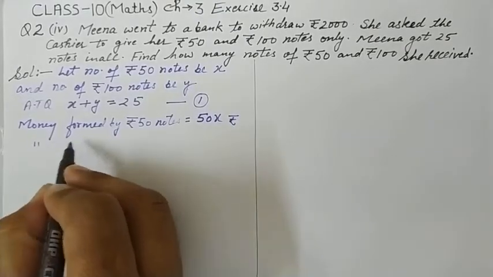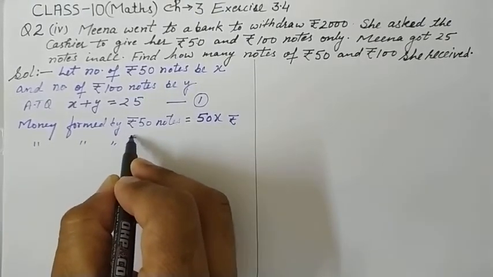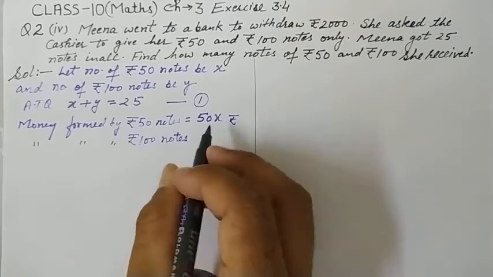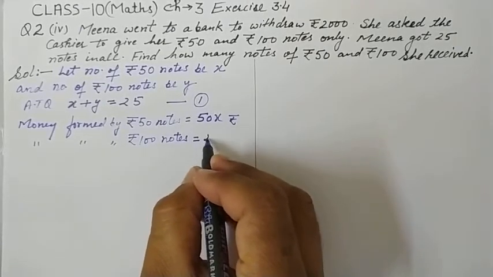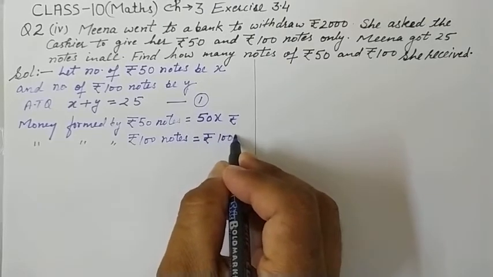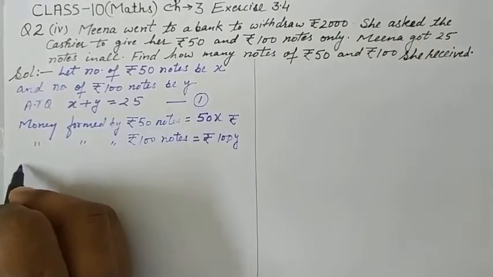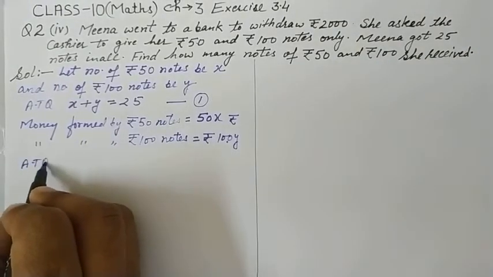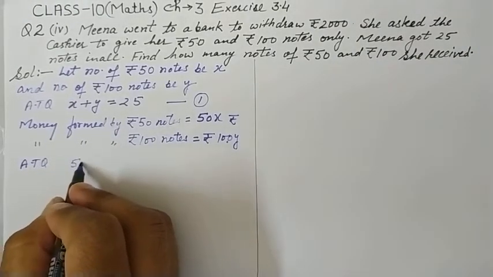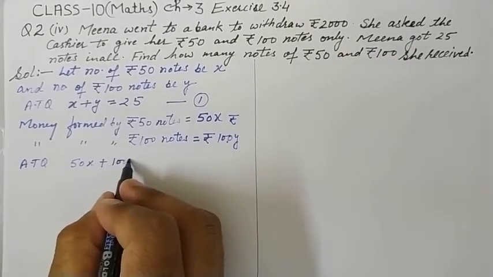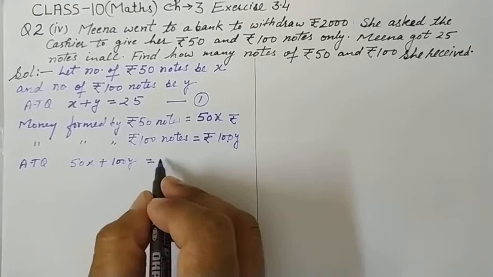And then money formed by rupees 100 notes is rupees 100y. So total money is rupees 2000. So again, according to the question, 50x plus 100y is equal to 2000.